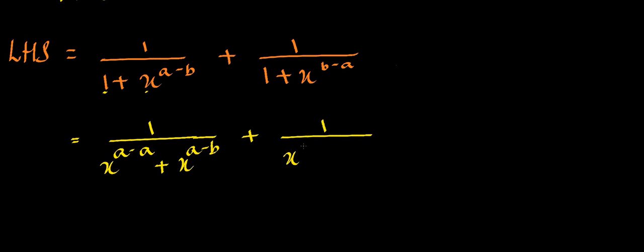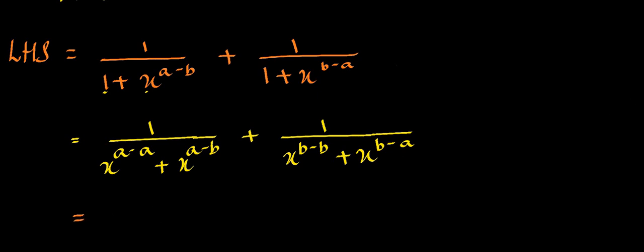Think, yes, you're right, x raised to b minus b plus x raised to b minus a. The same logic, that x raised to b minus b will be x raised to 0, that's equal to 1.